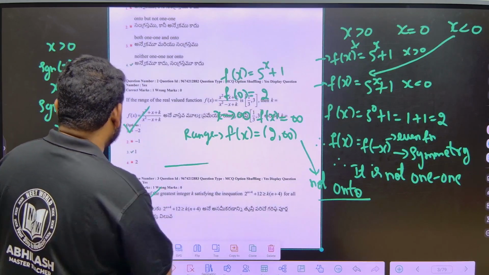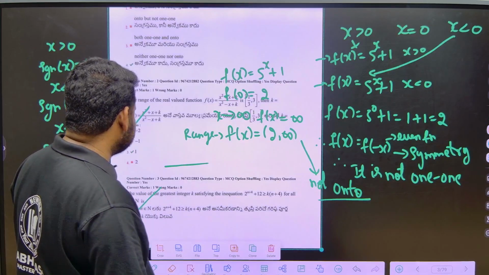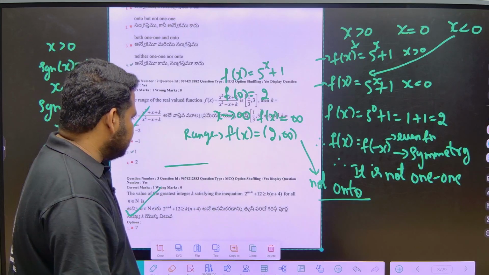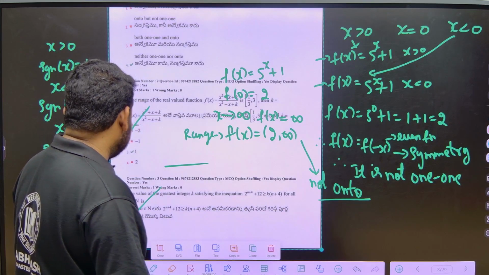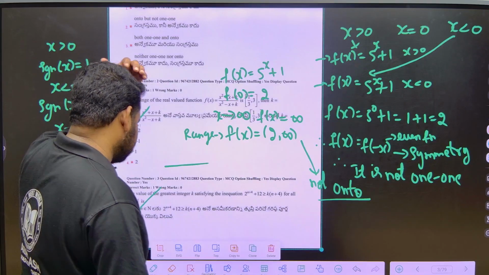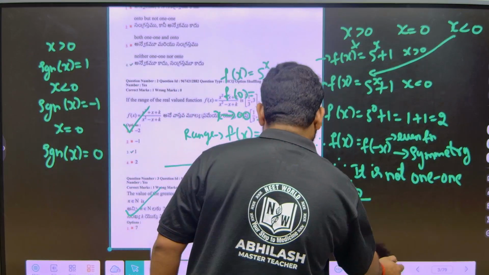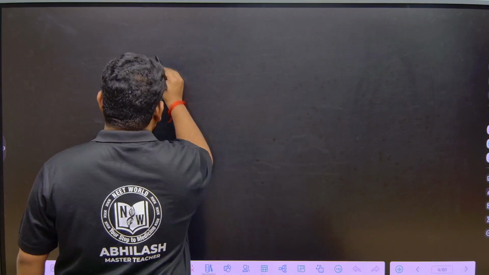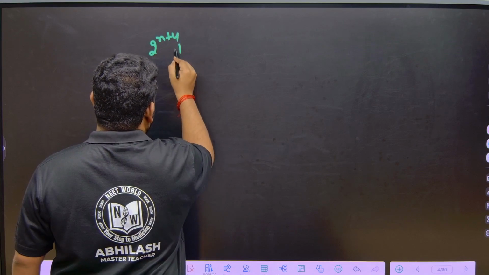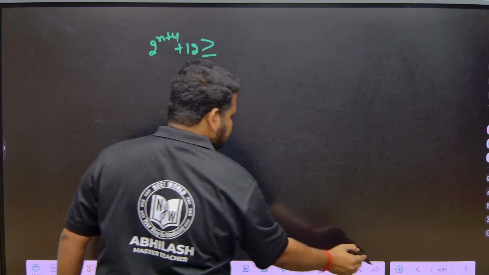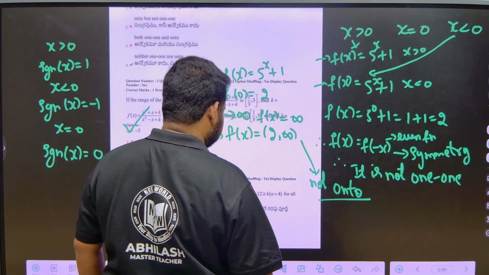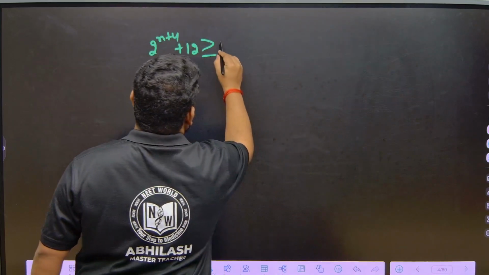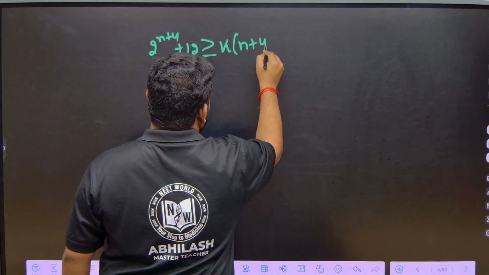Okay, so they are asking the value of the greatest integer k satisfying the inequation 2 to the power of n plus 4 plus 12 is greater than or equal to k times n plus 4 for all n belonging to natural numbers. This is the question they have given.